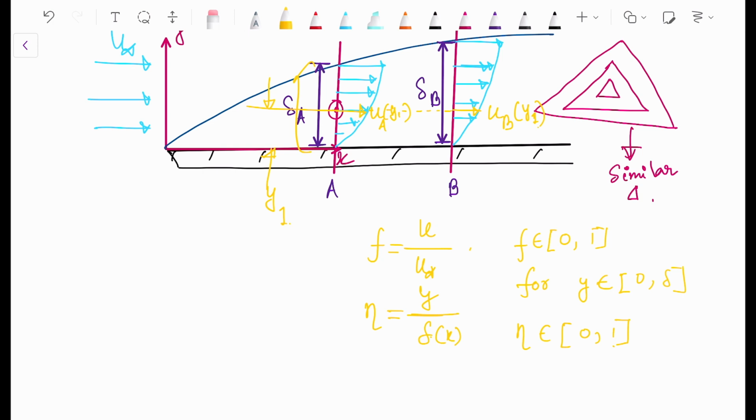Now if I am considering this y1, then for section A and section B this height y1 is the same, because that is what I have taken.